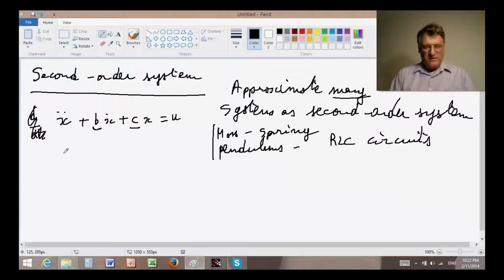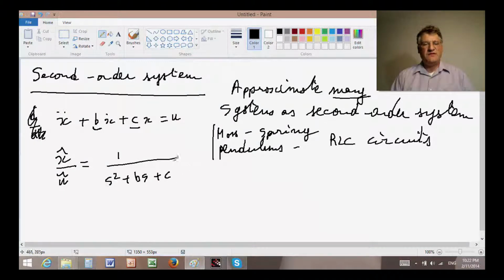The best way maybe to analyze these systems is to go in the transfer function world. And then we obtain that x hat over u hat is equal to 1 over s squared plus bs plus c. Now, here's what happens.